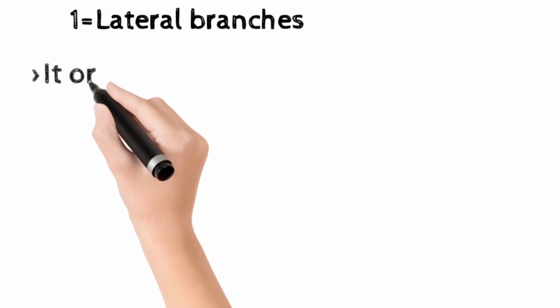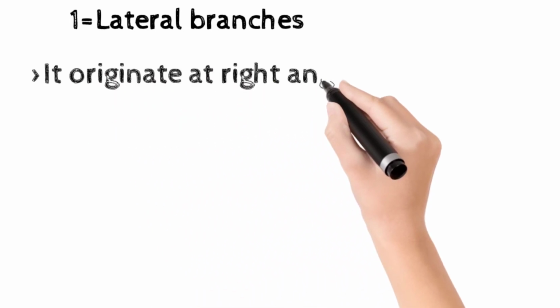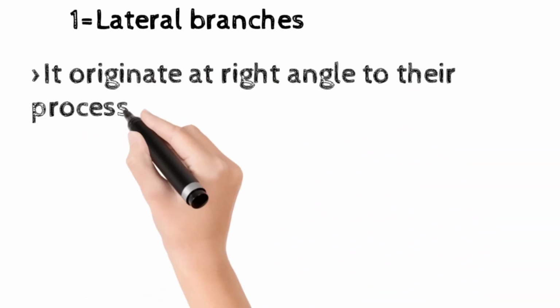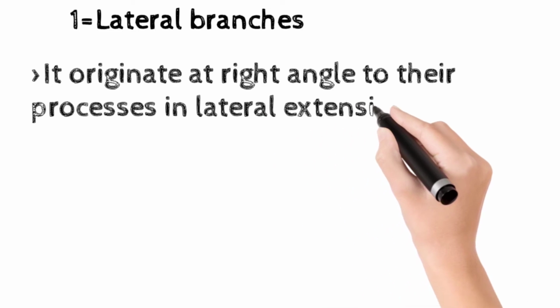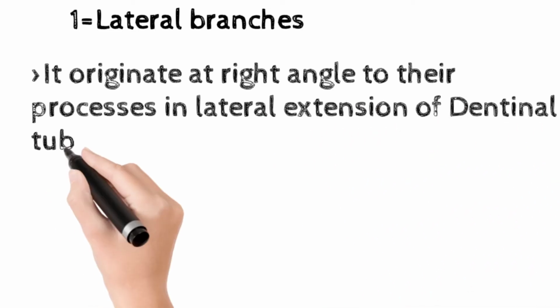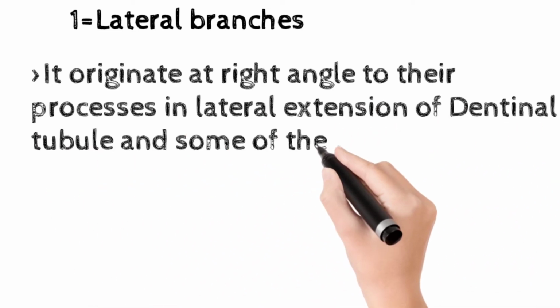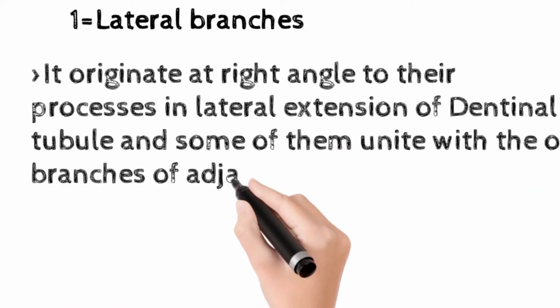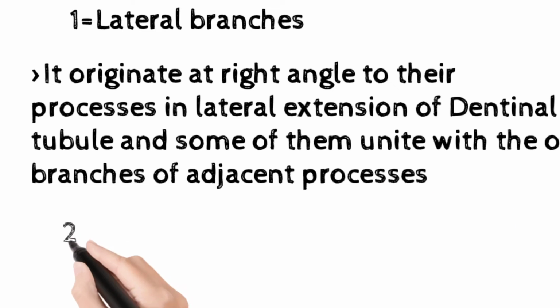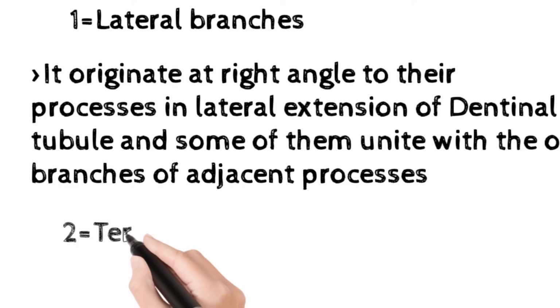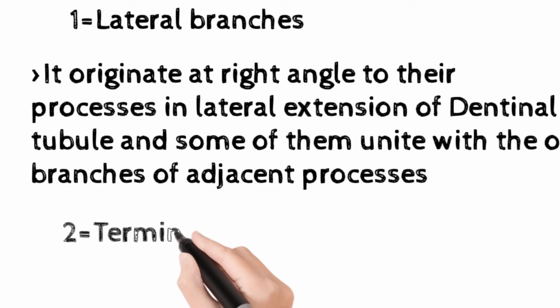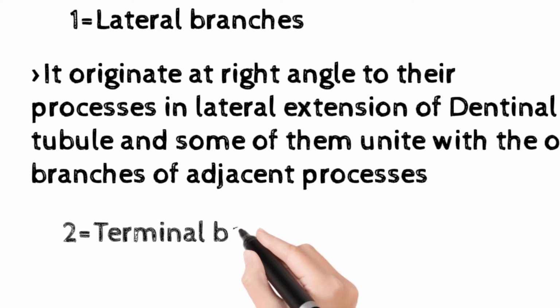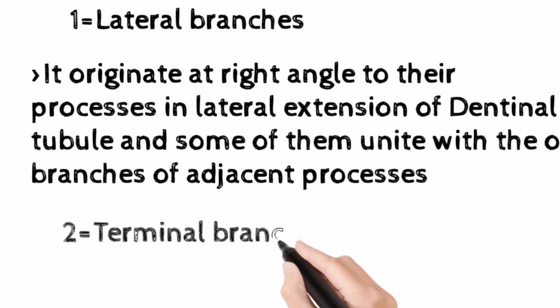Now first come to the lateral branches. Lateral branches originate at right angle to their processes in lateral extension of dentinal tubule, and some of them unite with the branches of adjacent processes. This is the lateral branches. And next is the terminal branch.